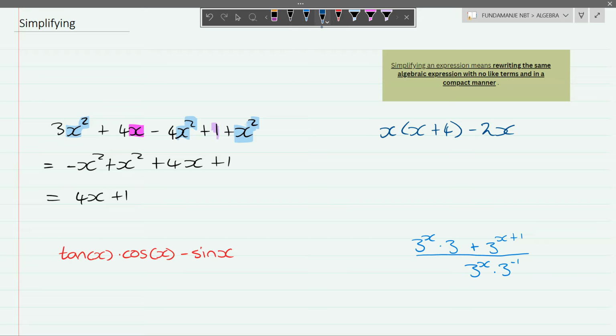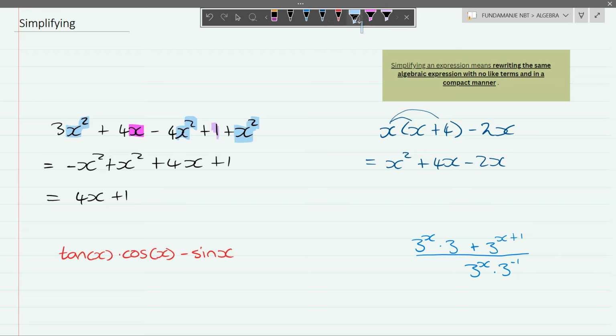Now, moving on to the second example, this involves a different method of simplifying. Here we are multiplying out the brackets and we want to rewrite the expression in full. So x multiplied by x would give us x squared, which is that. Then x multiplied by 4 would give us 4x, and then we write down the minus 2x as it is.